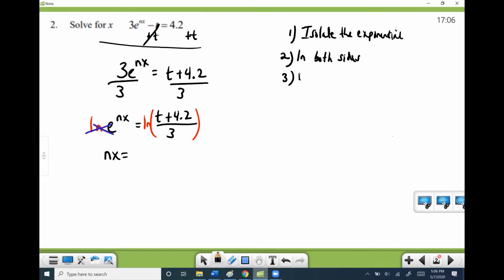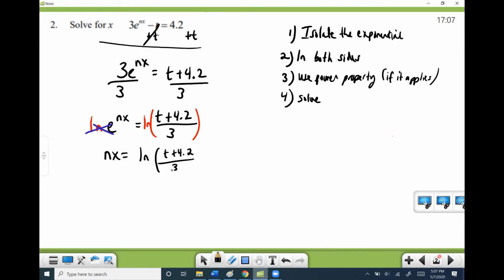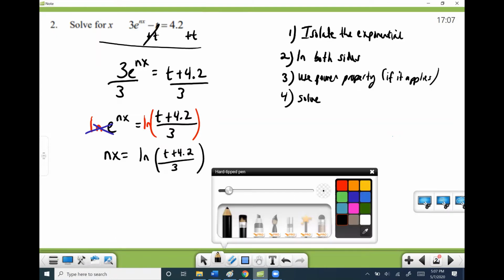Use the power property if it applies. And now we're on the solve stage. Okay, and we're almost there, you guys. If I want to get x by itself, I got to get rid of that n, huh? Yeah, divide by n.